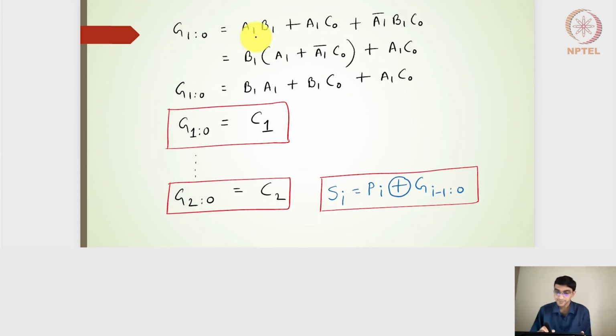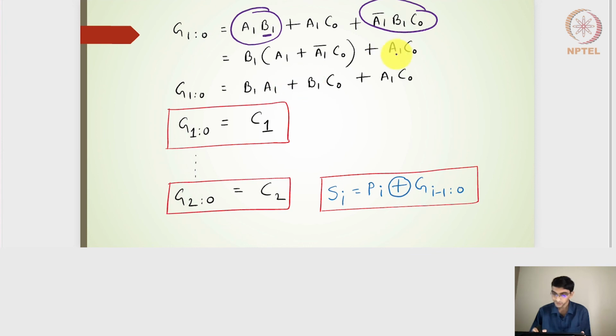Moving ahead, in this particular expression, I'll take B1 to be common. So I will have A1 plus A1 bar C0 plus A1, and then I'll get this to be here, and finally B1 into A1 plus B1 into C0.